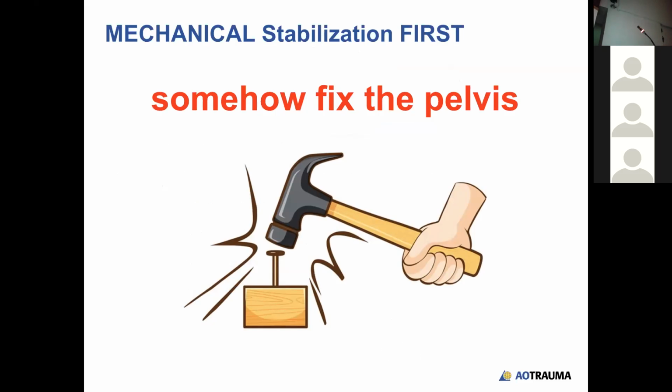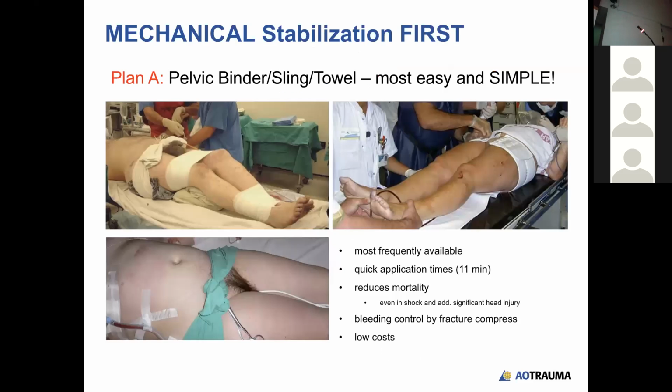You have to fix the pelvis with any possible helpful tool. So the plan A for us is the pelvic binder, the pelvic sling, or even a simple towel as shown here in these pictures. Of course, we usually use the pelvic binder. It's the easiest and a very, very simple procedure.